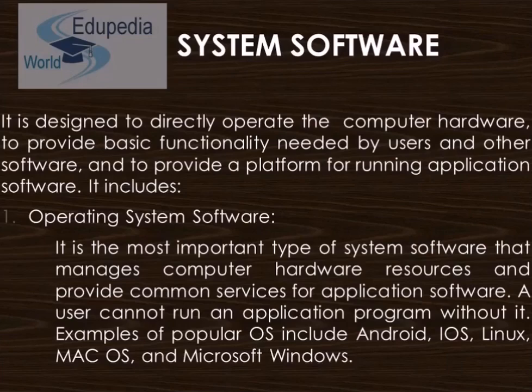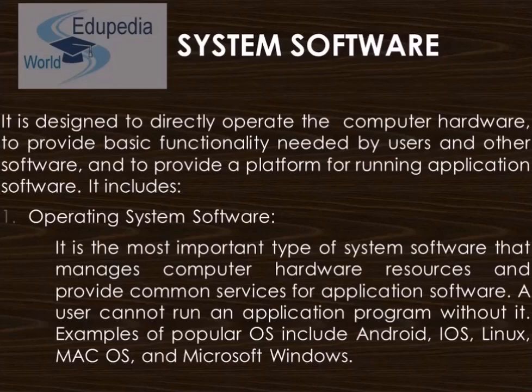So it includes, first and foremost, operating system software. It is the most important type of system software that manages computer hardware resources as well as provides common services for the application software. A user cannot run an application program without operating system software.